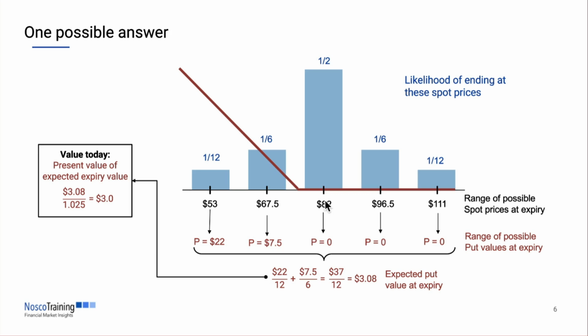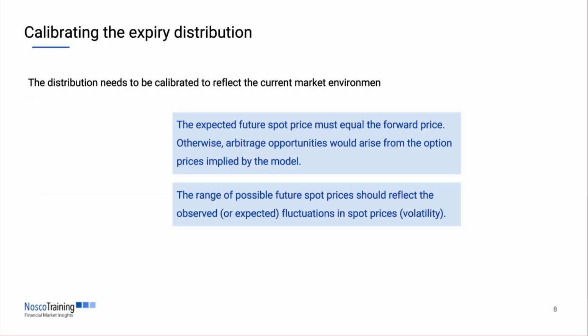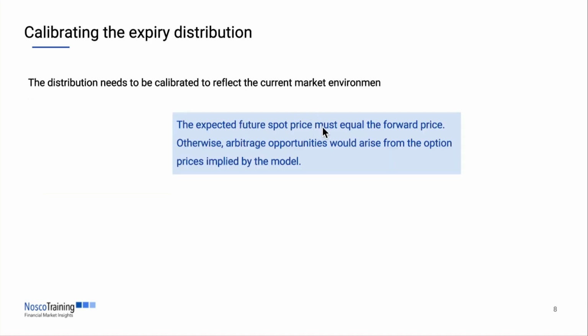So I put that in the center of my distribution, and my distribution is very symmetric. You see here the probabilities are very symmetric. So also the expected outcome of the distribution, or let's say the expected spot price, is also 82. You can easily calculate that: 82 times a half plus 96.5 times 1 divided by 6, and so on. You get 82. And that's very important. If this is not fulfilled, the expected future spot price must equal the forward price.